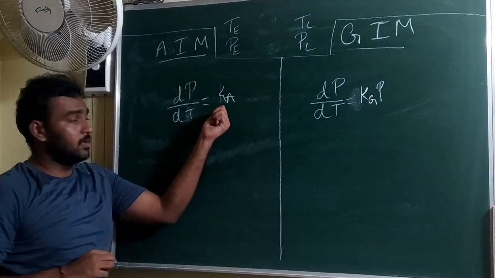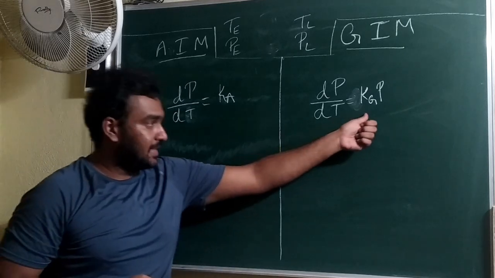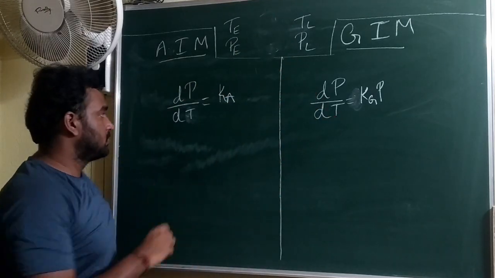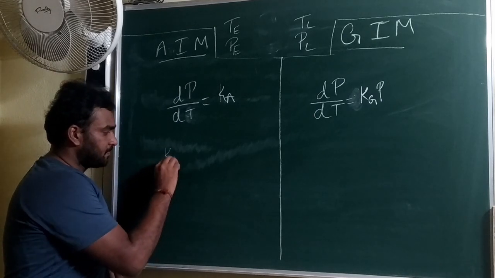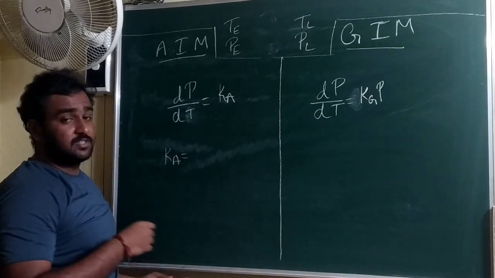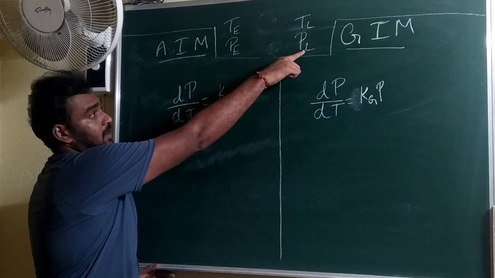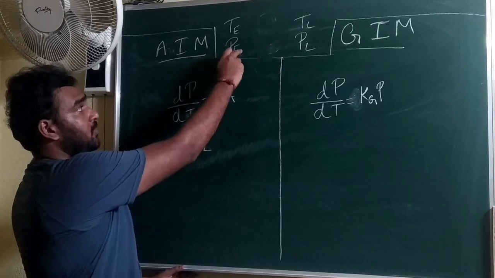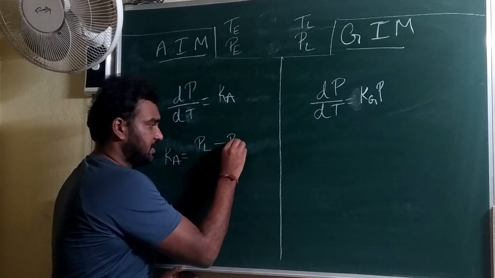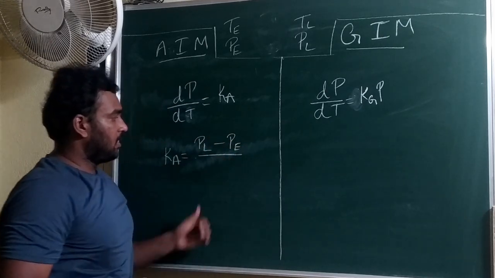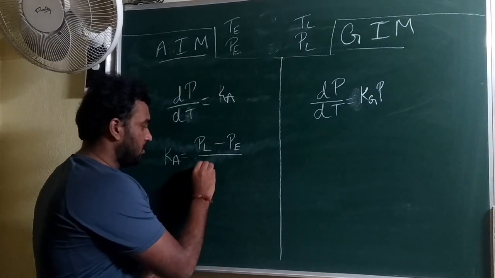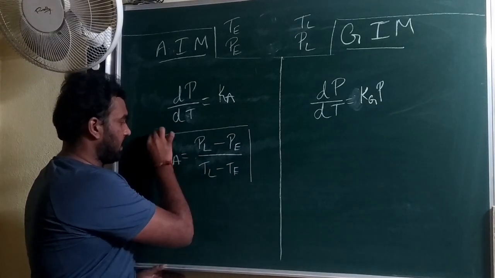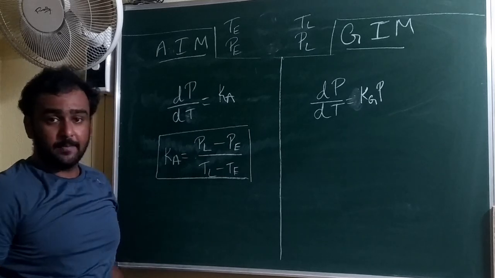So let us see how we calculate Ka and Kg when these sets of population data are considered. To find Ka, it is nothing but the change in population. The last known population was PL, earlier it was PE. So this is the change in population over what interval of time? TL minus TE. This is how you calculate Ka.